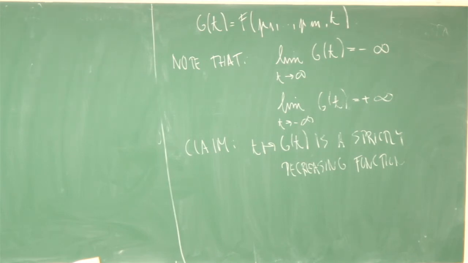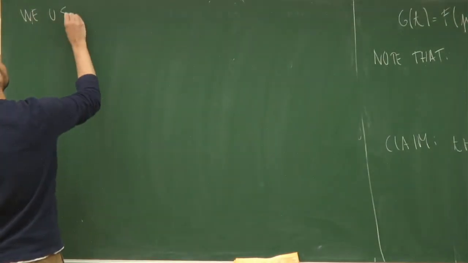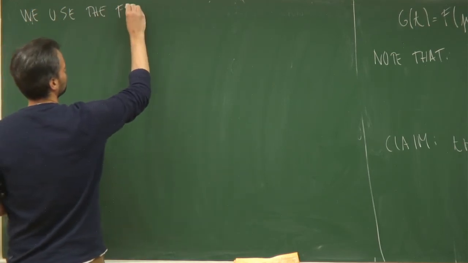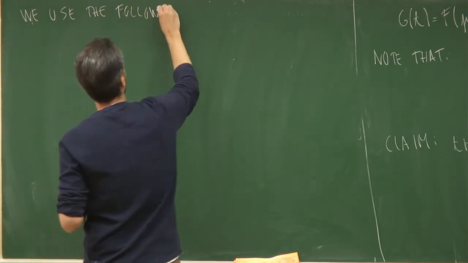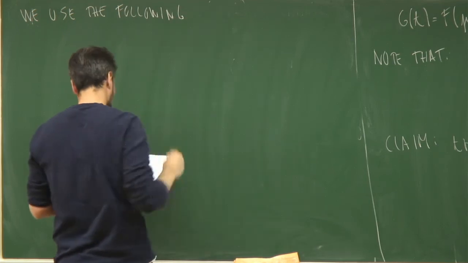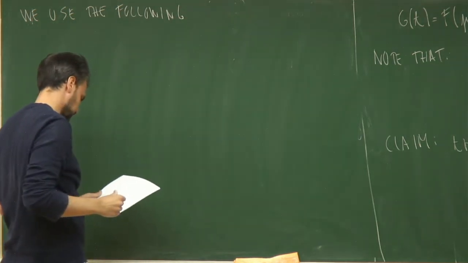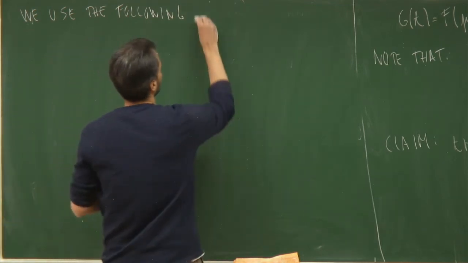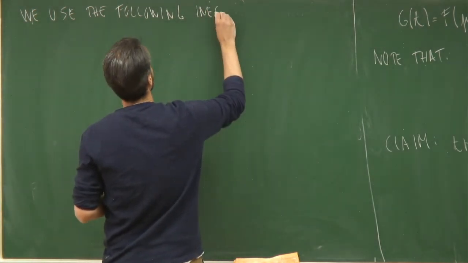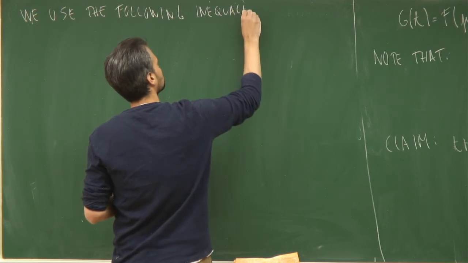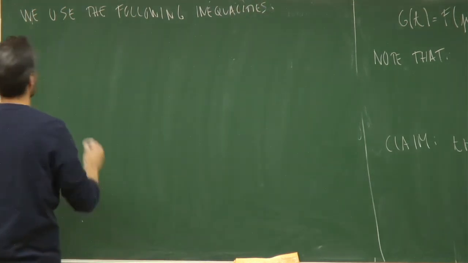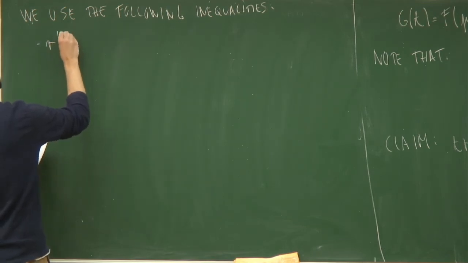So we use the following inequalities. These inequalities are important and they have been proven in a paper by Sandri in 1993. So this is from some previous work. We have two cases.